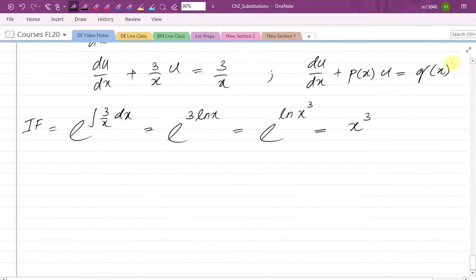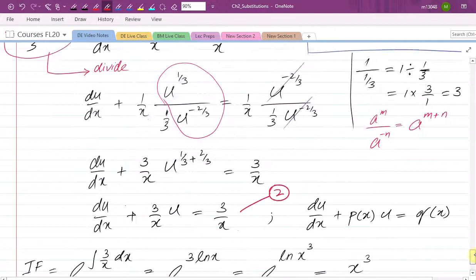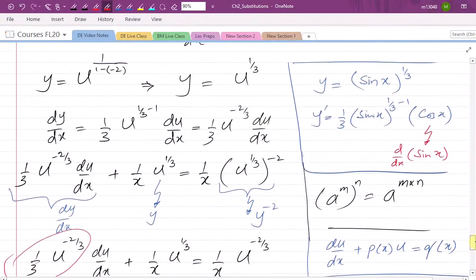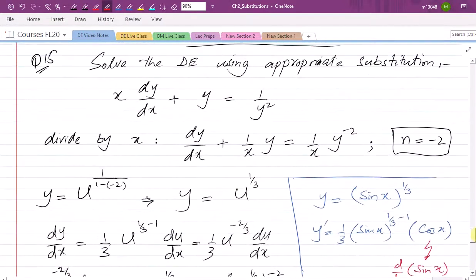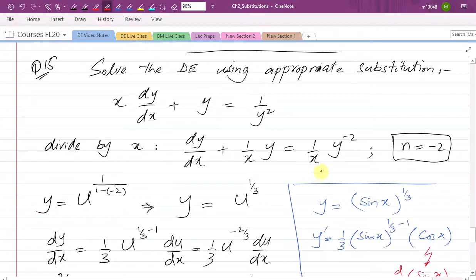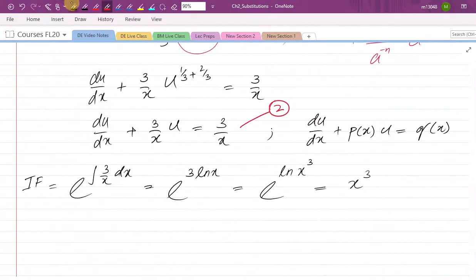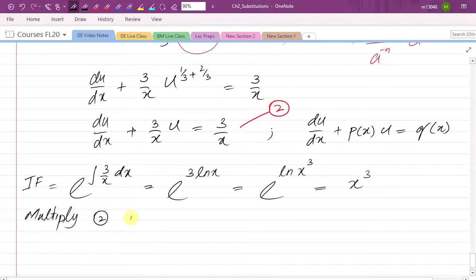We multiply this equation, I'll name it number 2, and I'll name this one as number 1. Right, multiply number 2 with the integrating factor.